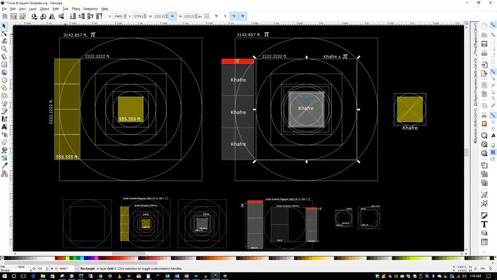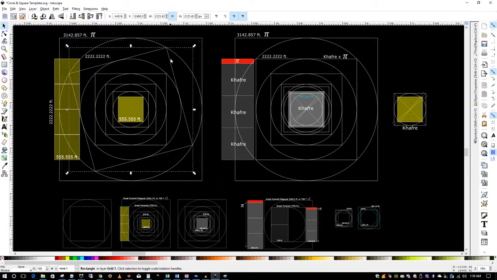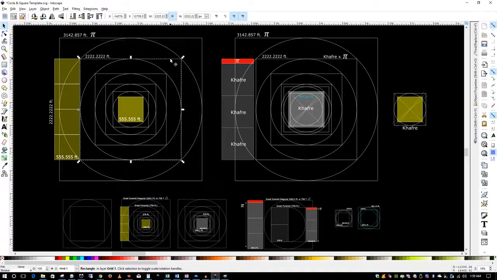But back to the original thing here, we have 3142.857, and then we have 2222. And the way this geometry folds, of course, is you can just take your squares and turn them, right? And then you take your circle and place it inside the next square. So you have 2 scenarios here.